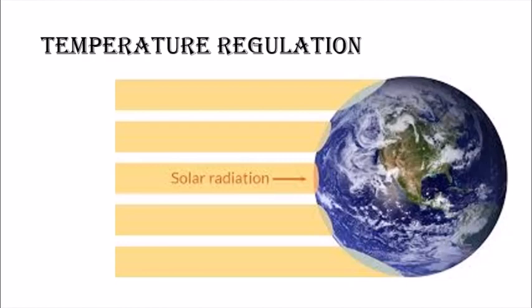And as they absorb the heat in the air, the earth's surface remains warm and thereby it becomes suitable for us to live on the earth. This is how the temperature is regulated because of the air, because it has the capacity to hold the heat.